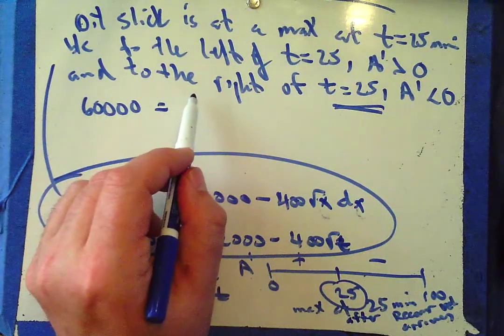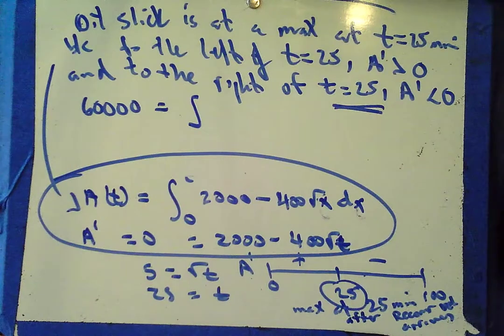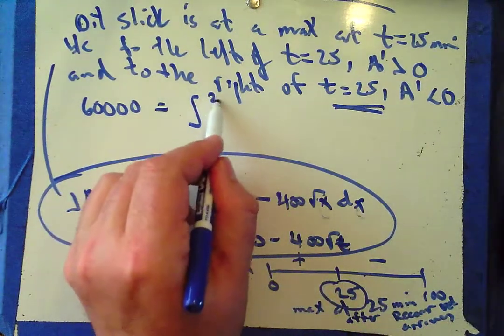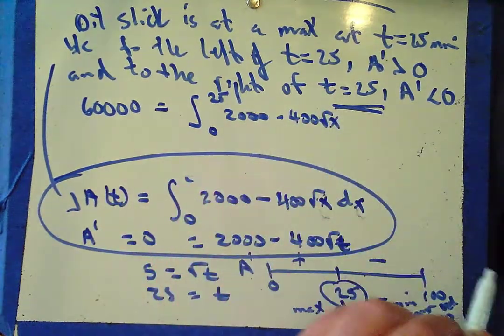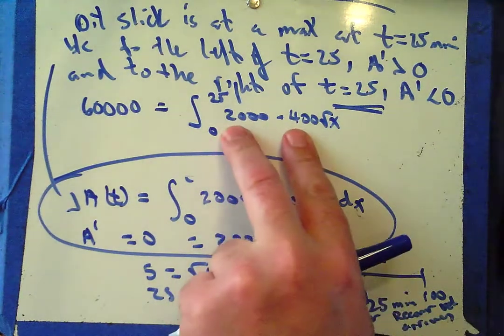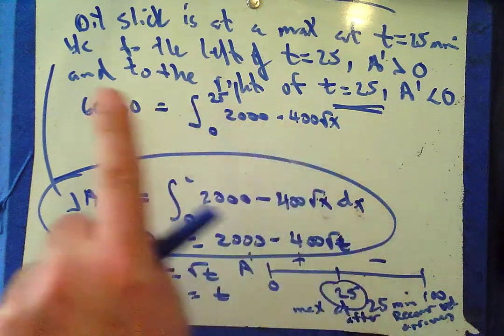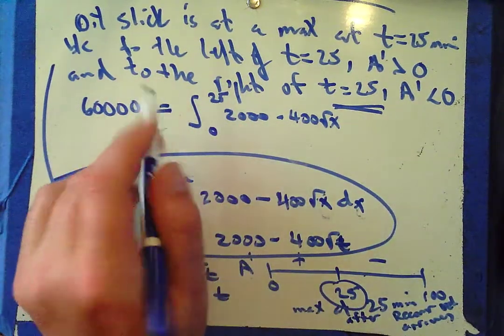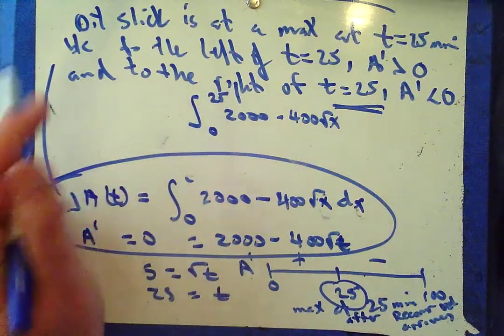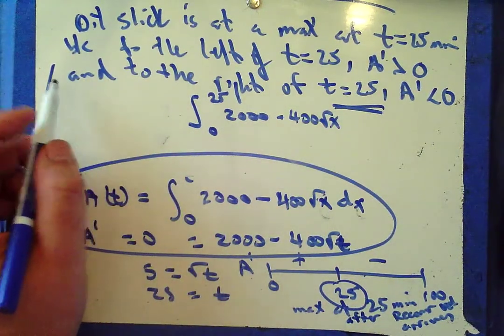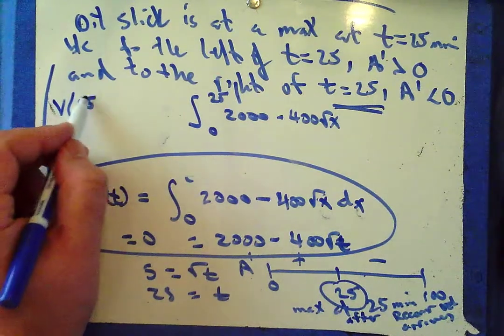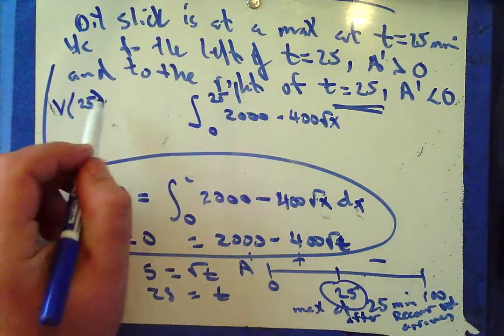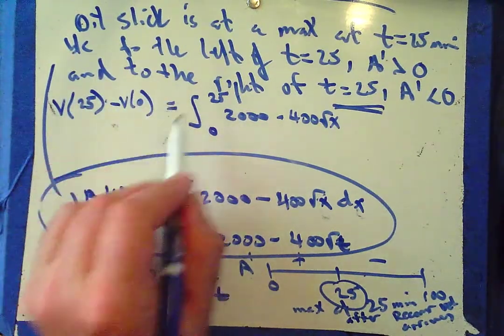60,000 equals our integral from 0 to 25 of 2000 minus 400 root x. This is the change. This is the initial amount. That's not an equals. Oh, I know what I'm doing here. So I'm saying V of 25 minus V of 0 equals this.